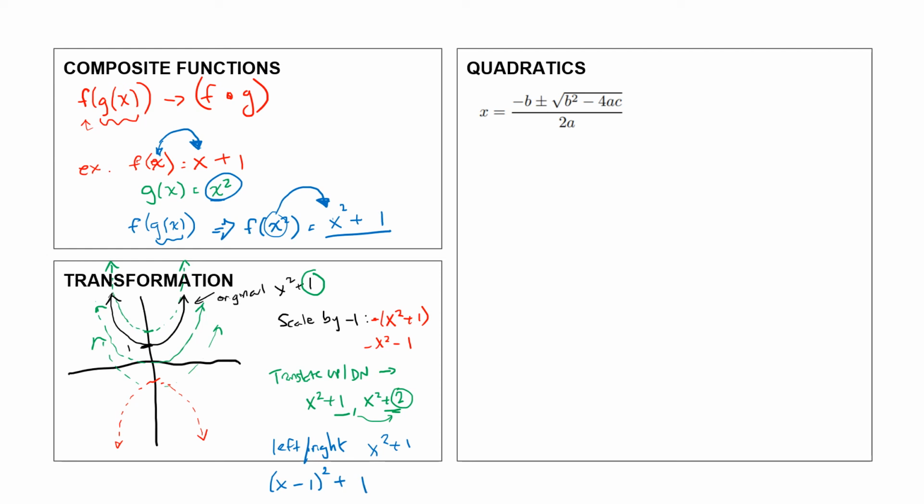What this minus 1 does is it doesn't shift it to the left, it actually shifts it to the right. So x minus 1 shifts it to the right by 1. So we'll take that original black parabola and move it over to 1. This point is now here, and we can draw our parabola as such.